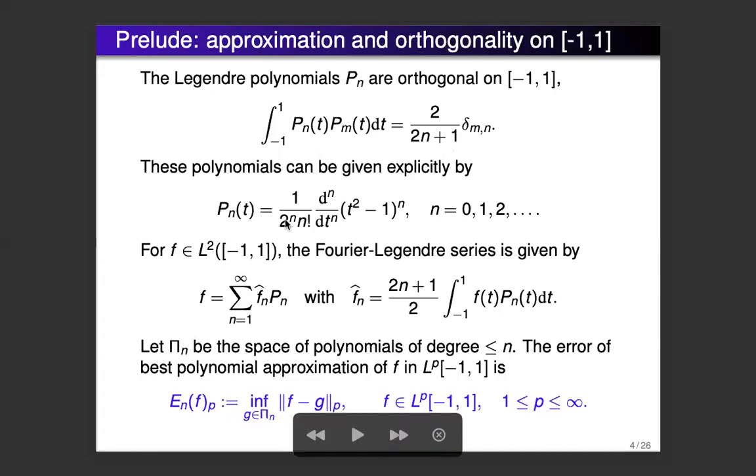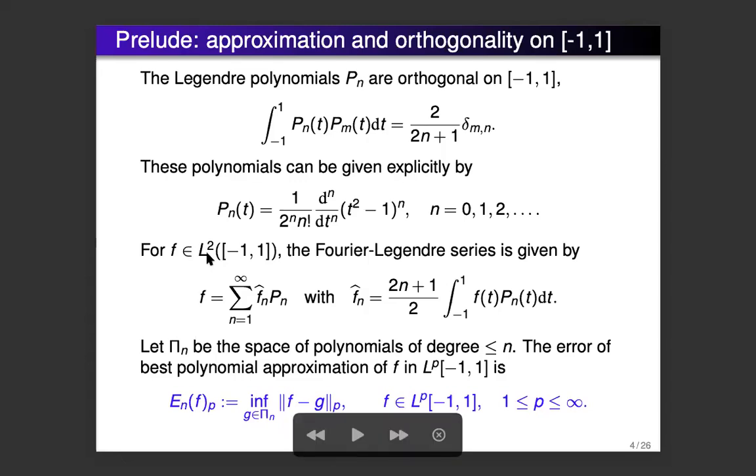It's just 1 over 2^n n factorial times d^n/dt^n of (t squared minus 1)^n. Here (t squared minus 1)^n is a polynomial of degree 2n, you take the nth order derivative, and you get a polynomial of degree n. The normalization constant doesn't really matter.